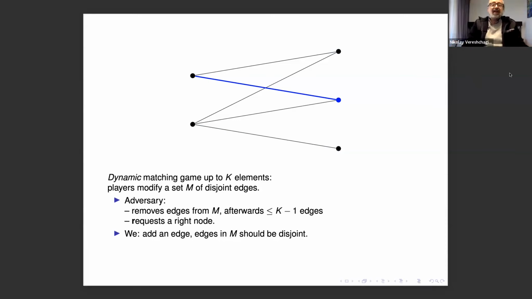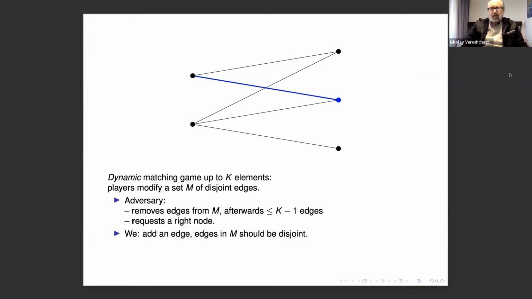So he removes an edge from the matching, which means that the matching is not good now because he has removed it. And when he removes an edge from the matching, does it mean that he also removes the upper end of that edge?